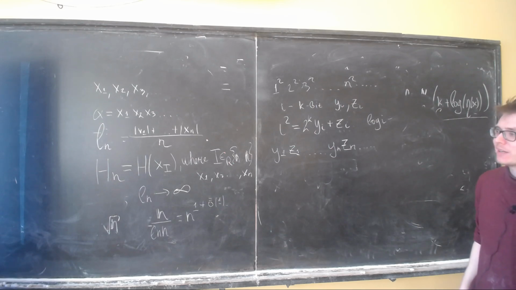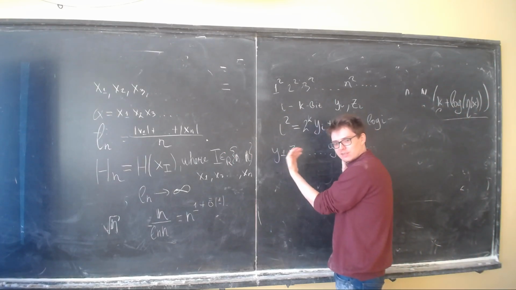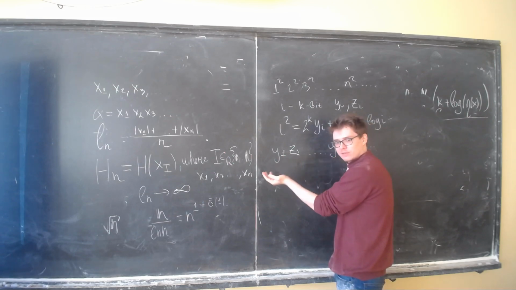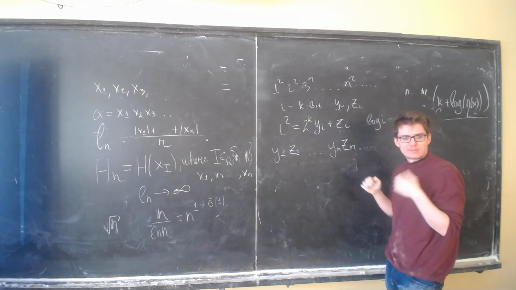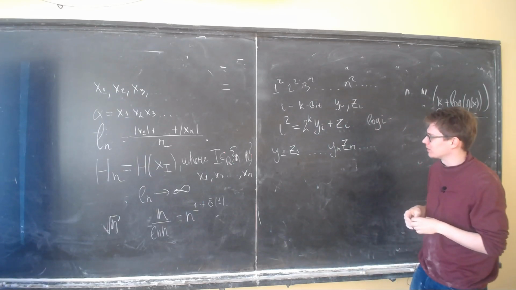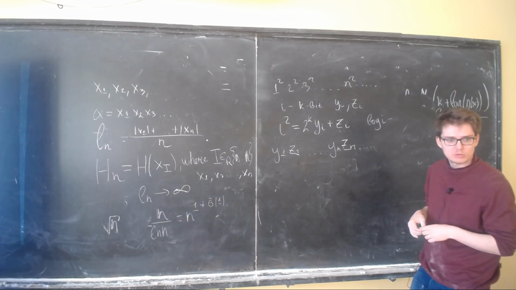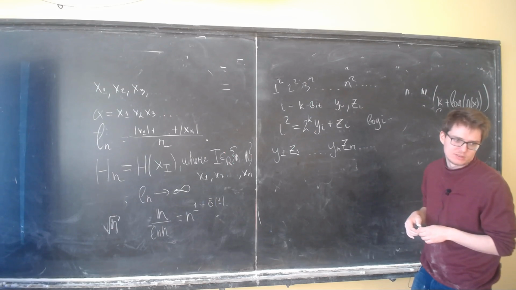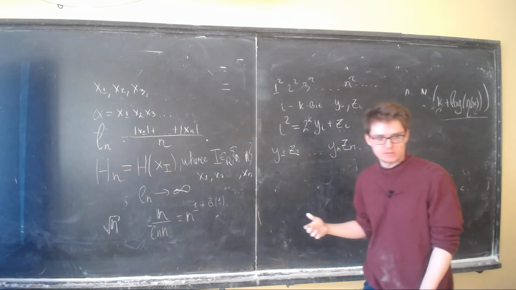Now, so I have the entropy. So for example, I take the first 2n strings, elements of our sequence, and I take them uniformly at random. What do you take uniformly at random? The number from 1 to 2n. And I take the random element of my sequence.